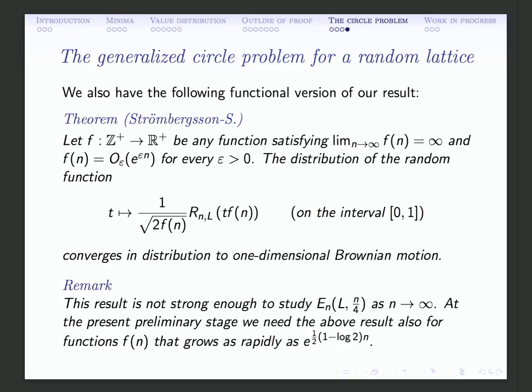But what we would really need is a modest exponential growth. Then a result of this type would be enough to actually understand the Epstein zeta function at the central point. And then, okay, so why can't we go here? I'm not really sure. Possibly we can.